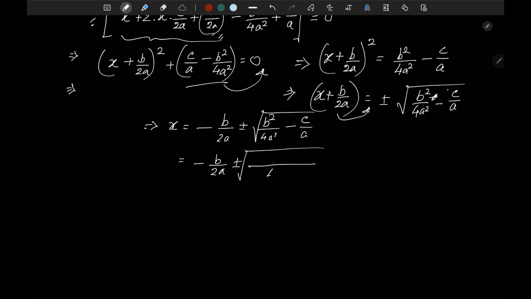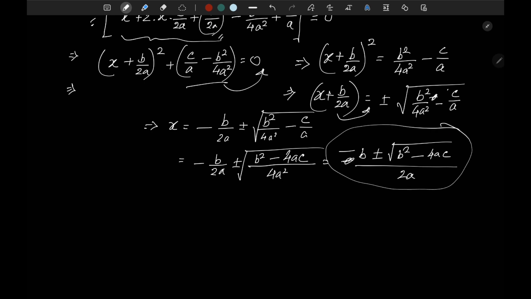This is 4a square and here it is b square minus 4ac, or minus b plus minus root over b square minus 4ac by 2a. A very common form.